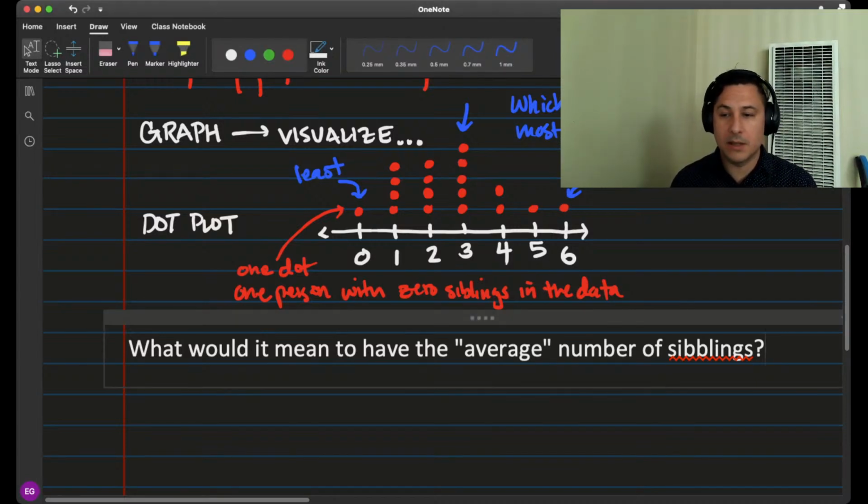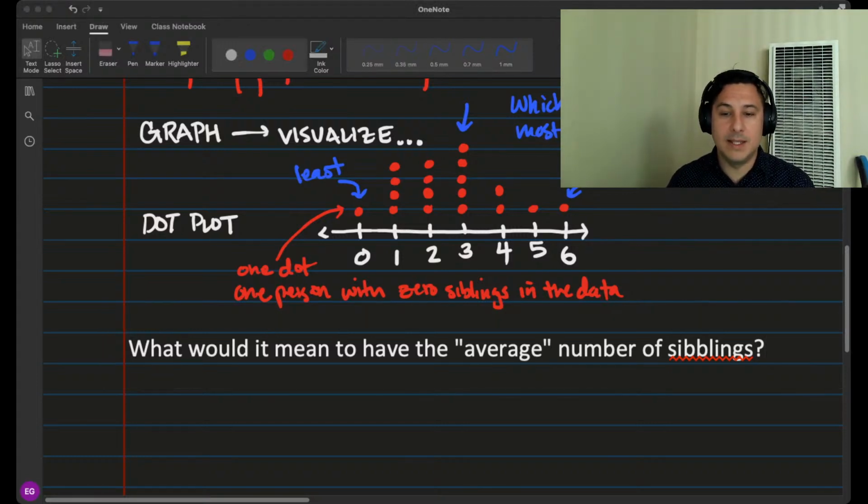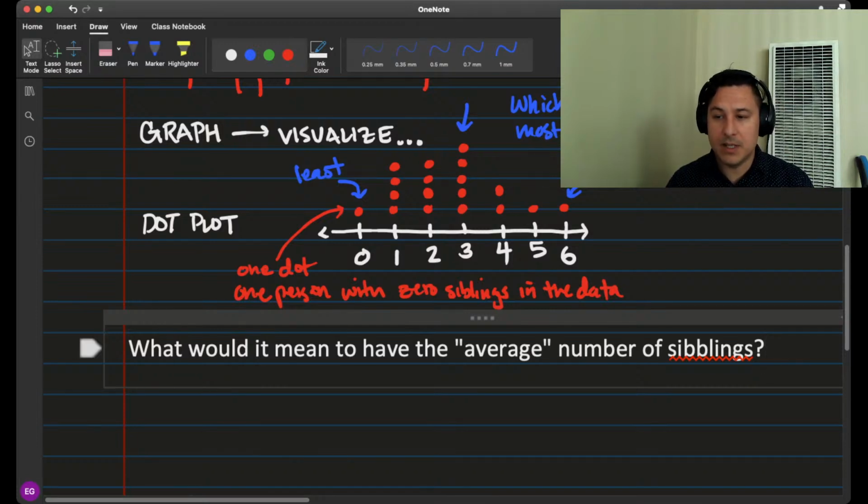So that's what we're going to discuss. What does it mean to have the average number of siblings, or what is the average? Okay, apparently I spelled siblings wrong. It only has one B.